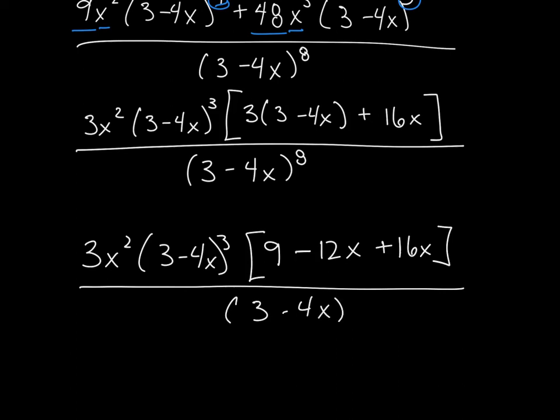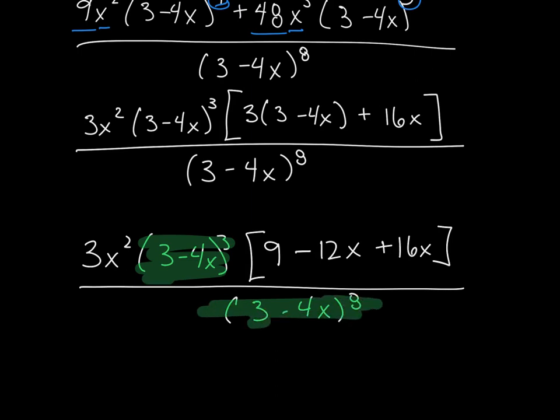Denominator, I'm not going to do anything with that. Actually, let's go ahead and do that now. So with the denominator here, everything inside here and here are the same. So I can go ahead and subtract those exponents, and that will cancel out, and that's going to become 8 minus 3.